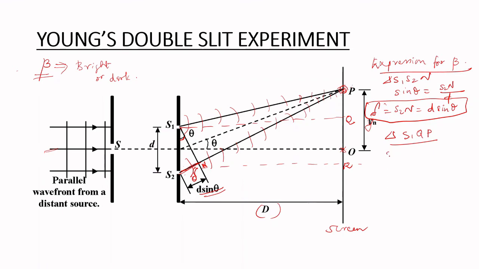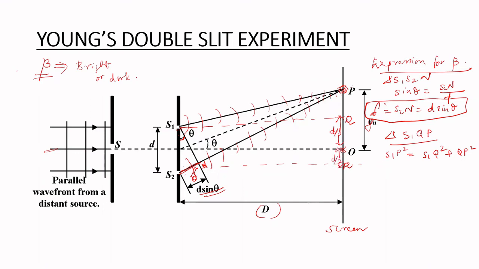So S1P square is equal to S1Q square plus QP square according to Pythagoras. So what is QP here? This distance OQ is d by 2. Similarly, OR is also d by 2.